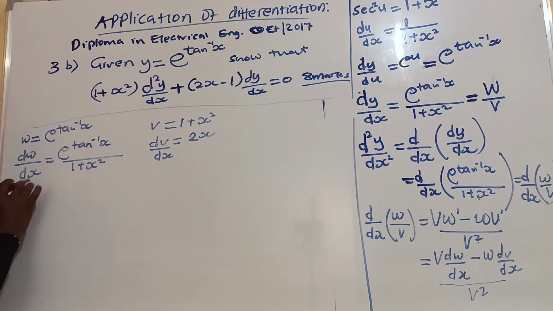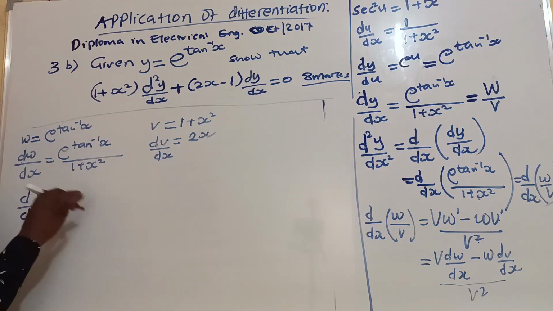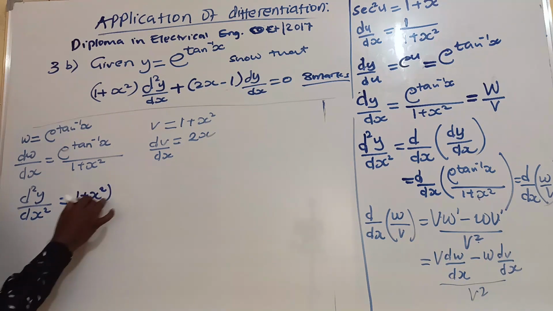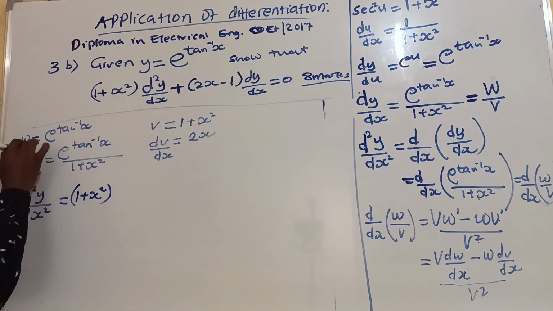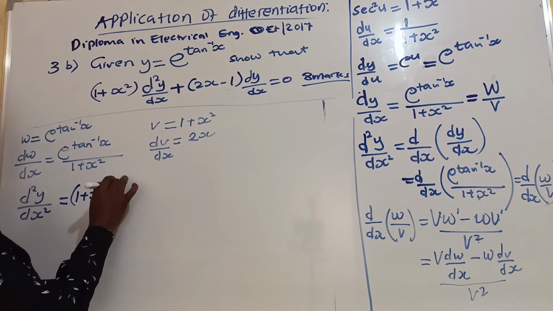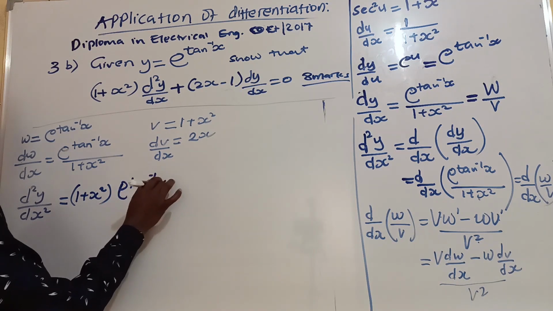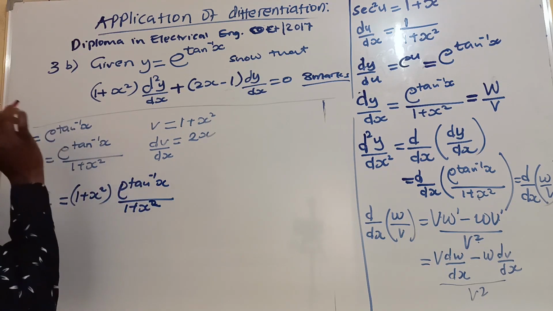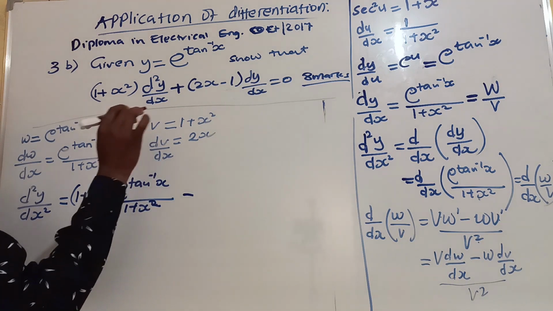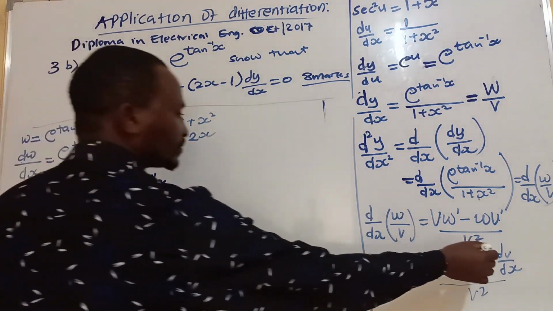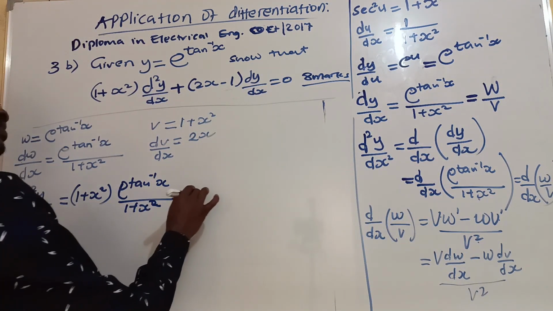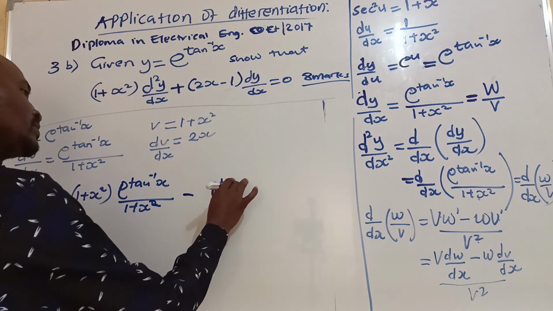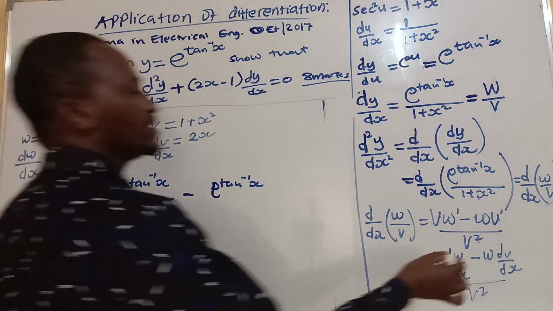Now our second order derivative of y with respect to x becomes v, which is 1 plus x squared, times dw/dx, exponential tan inverse x over 1 plus x squared, minus w here, which is exponential tan inverse x, times dv/dx.